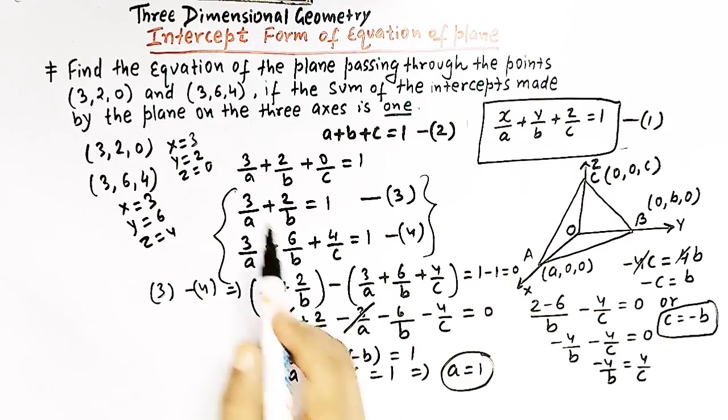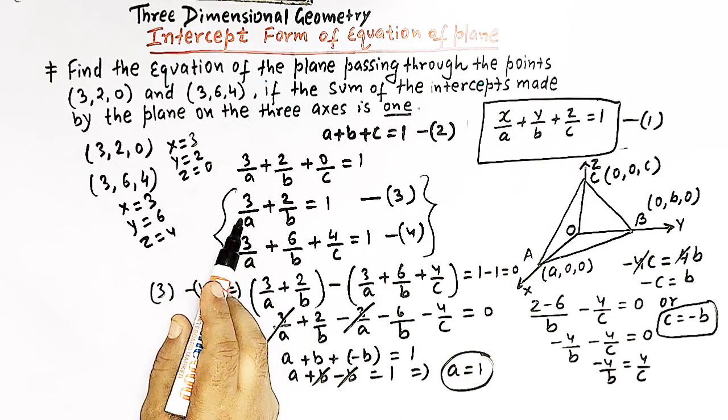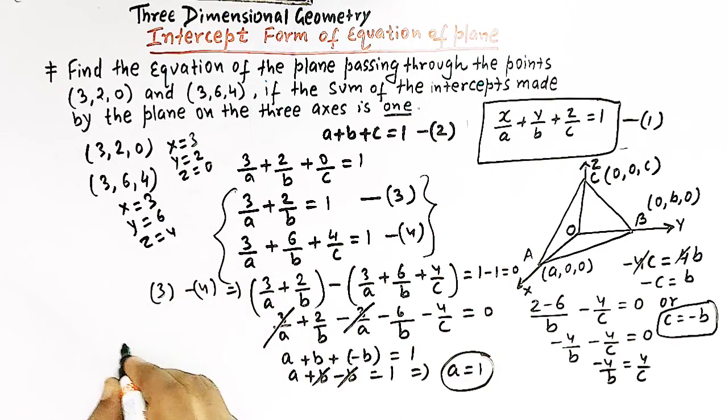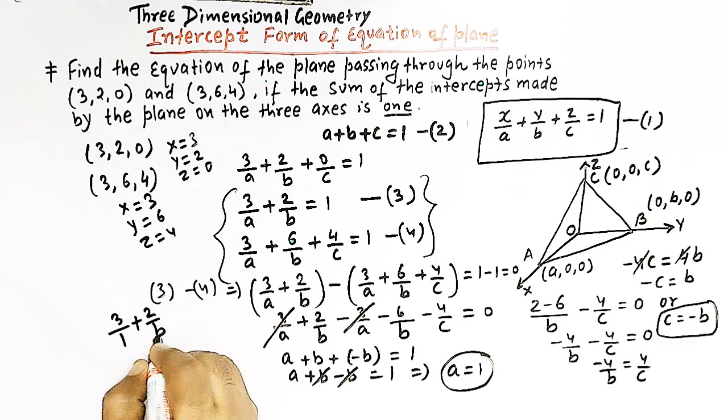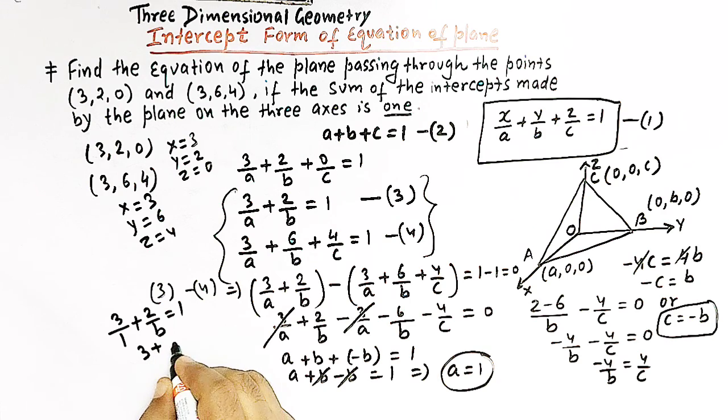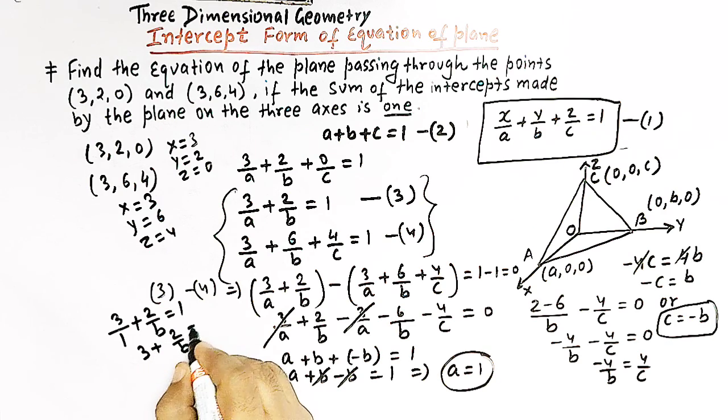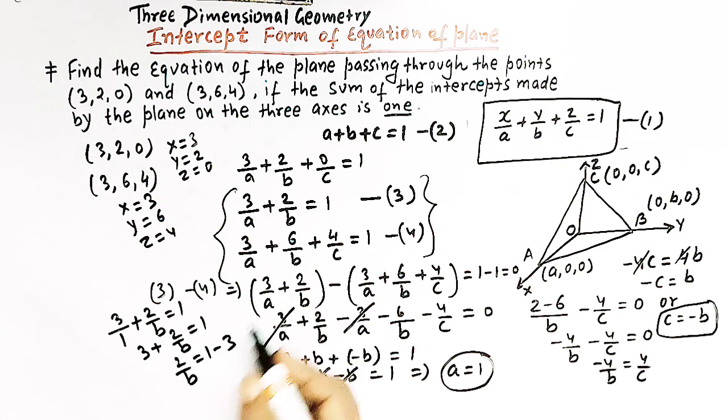So taking a is equal to 1 in equation 3, we have now 3 over 1 plus 2 over b is equal to 1. So 3 over 1 is 3, and here we have 2 over b is equal to 1. So 2 over b is equal to 1 minus 3, taking 3 to this side, that is equal to minus 2, right?